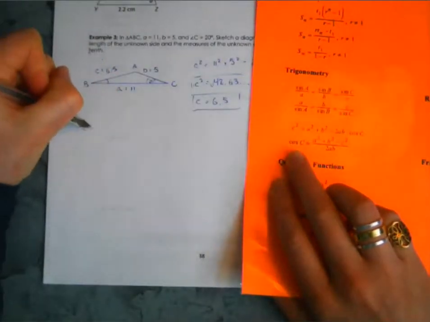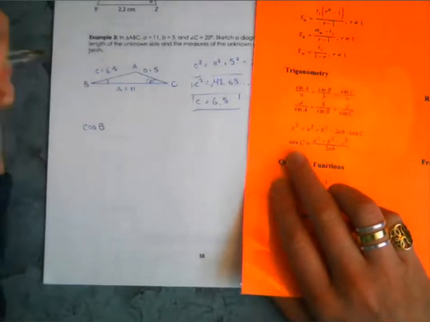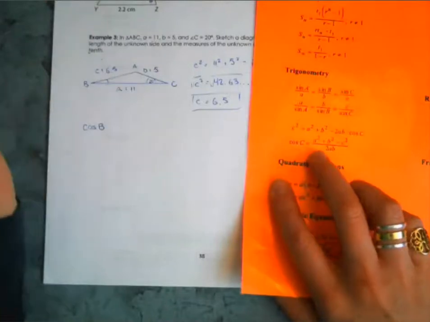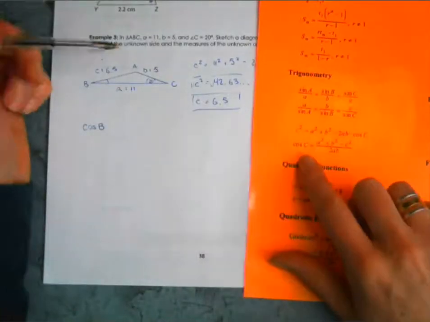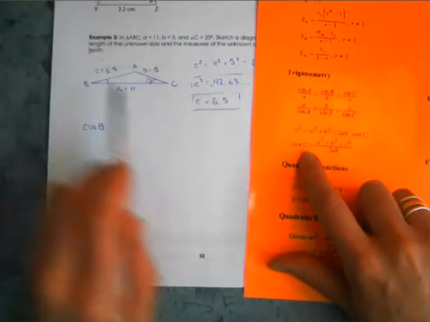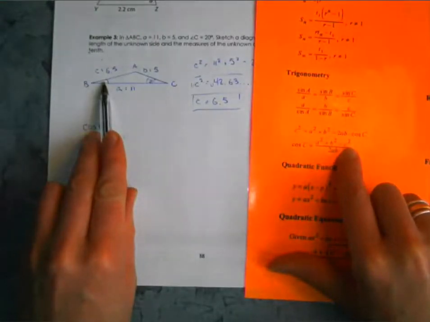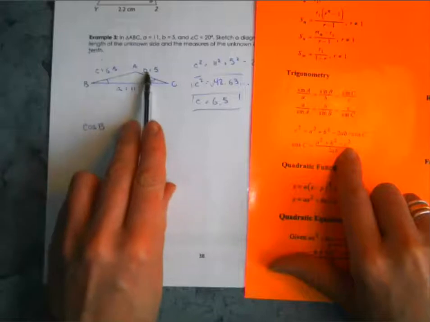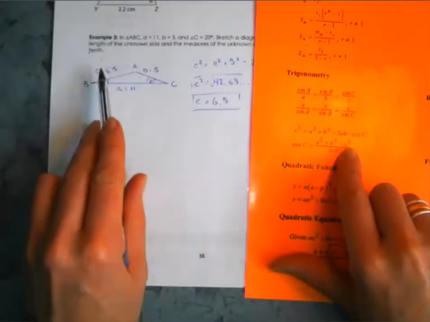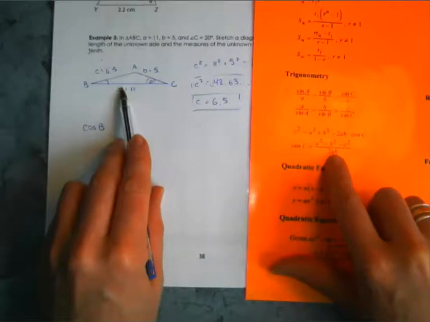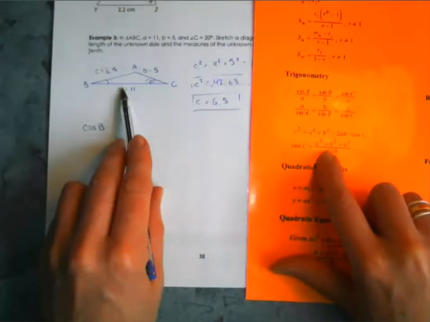If we're looking for cosine B, the side across from it has to be the one that's subtracted. So B is going to have to be subtracted. So C and A are going to be the two that get added together and the two that get multiplied on the bottom.